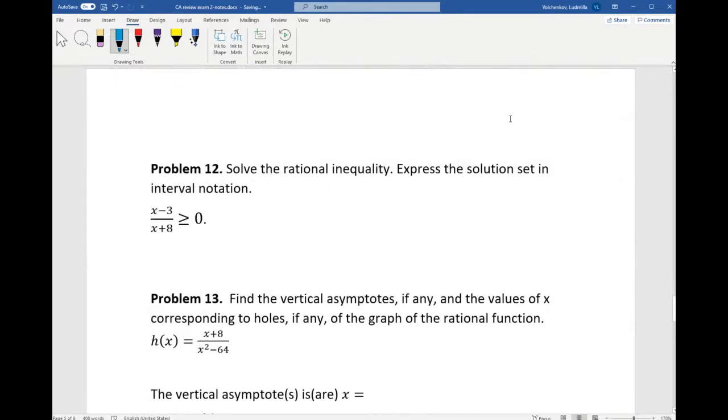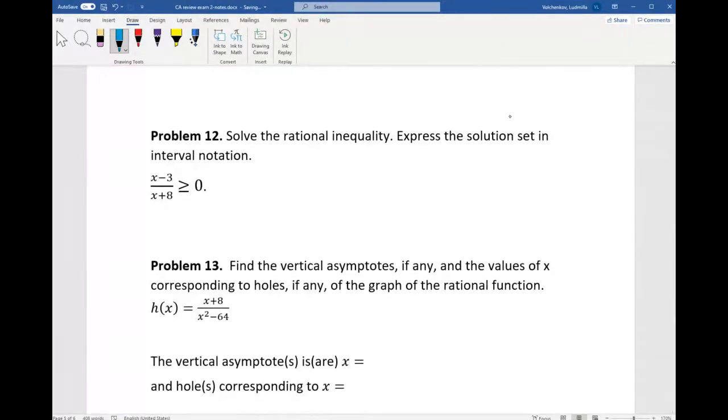So the rational inequality, okay, the same thing. So first, boundary points. X minus 3 equal to 0 and x plus 8 equal to 0. You solve the equation, you get 2 points, x equals 3 and x equal -8.